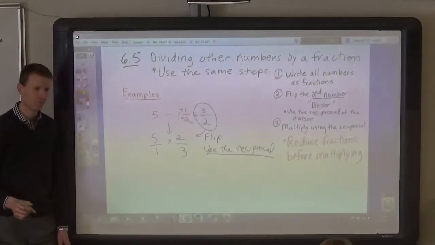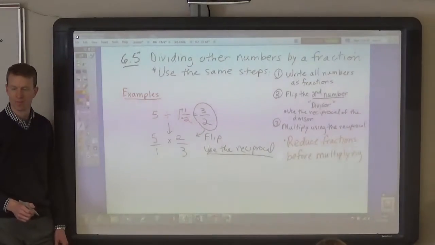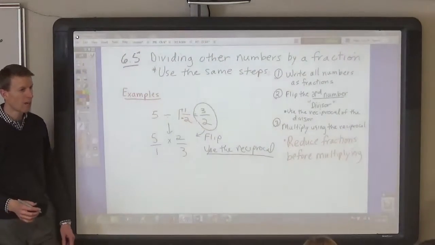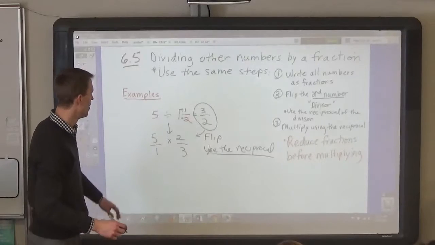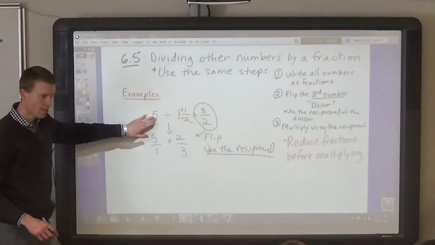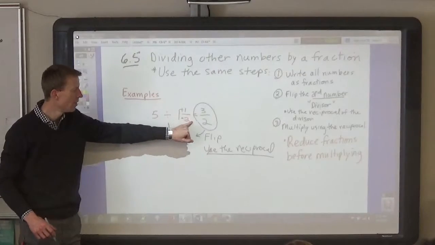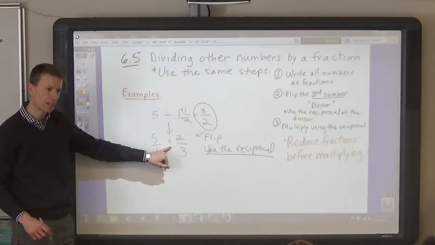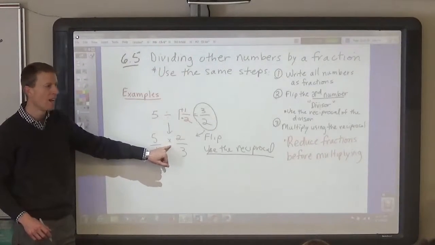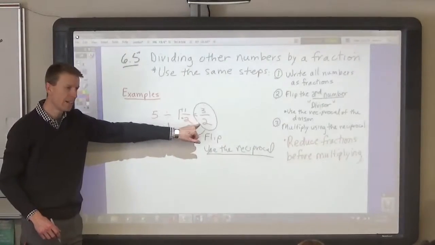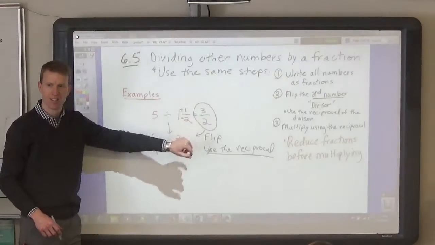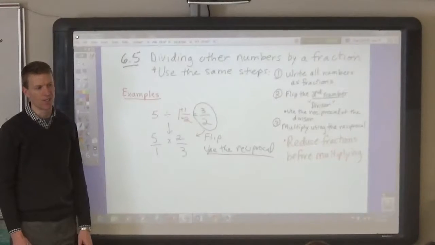Okay? So there's a couple of steps that are important. First of all, you have to write all the numbers as fractions. Then you have to change it to multiplication, and then flip the second fraction, and then find the answer.